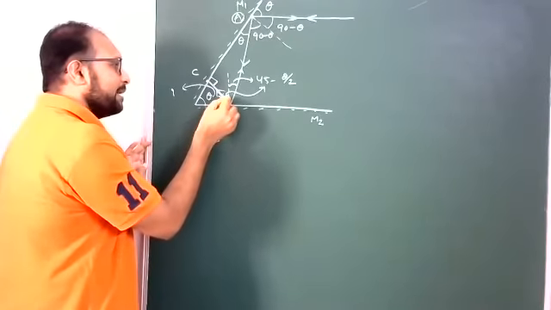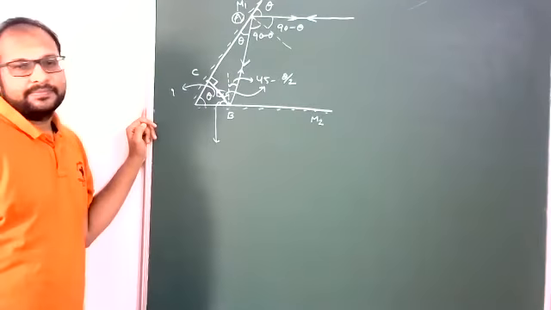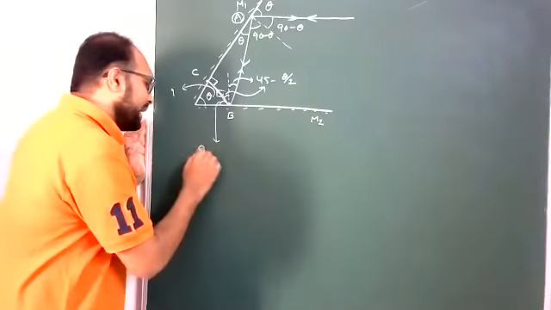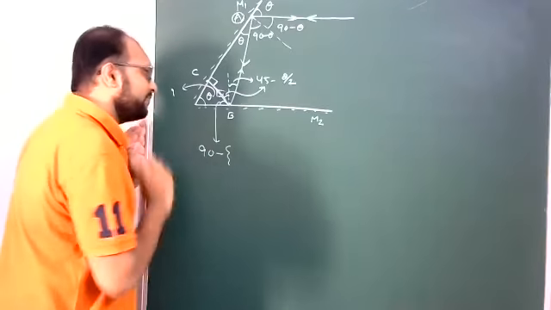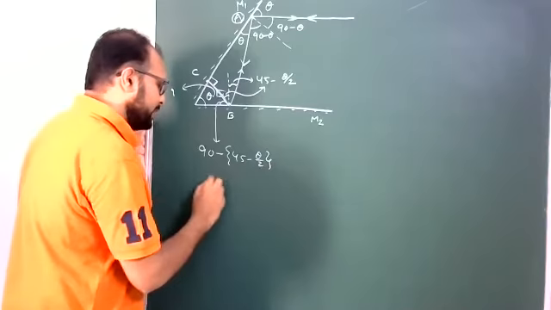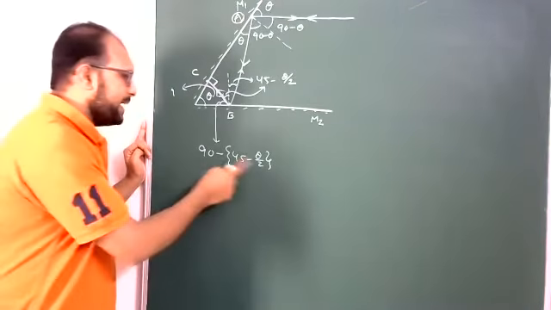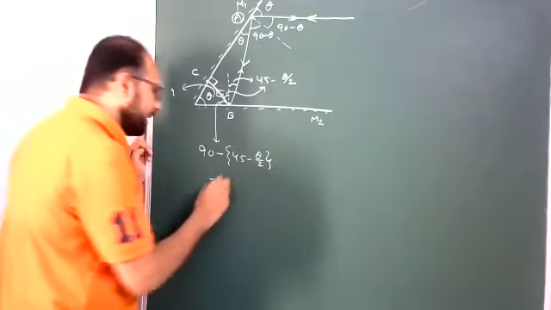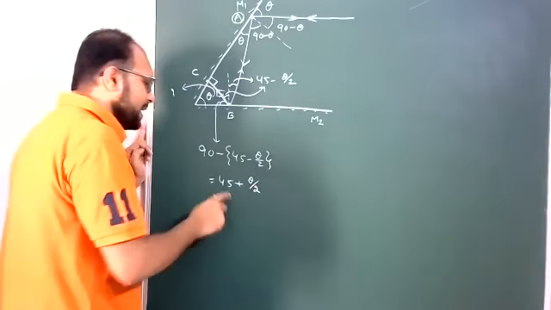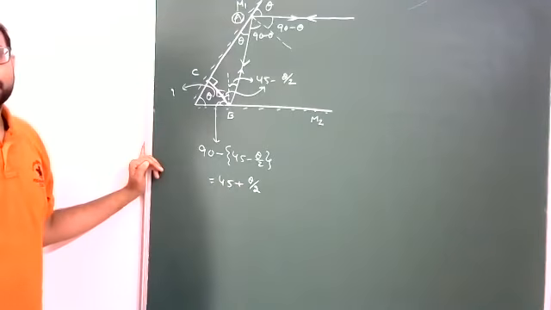Because this angle plus 45 minus theta by 2 net is 90, this angle is nothing but 90 minus of 45 minus theta by 2. This is equal to 90 minus 45, minus minus plus, so 45 plus theta by 2. This is nothing but this angle, 45 plus theta by 2.